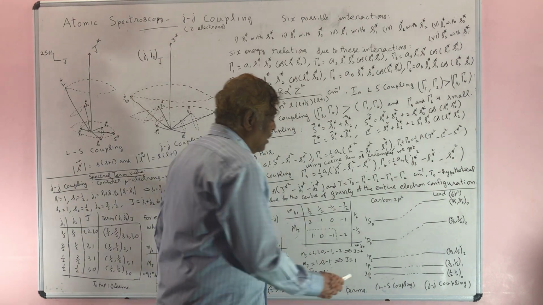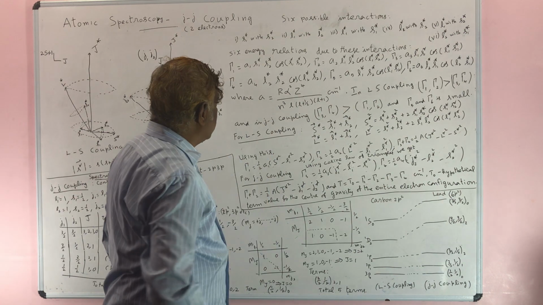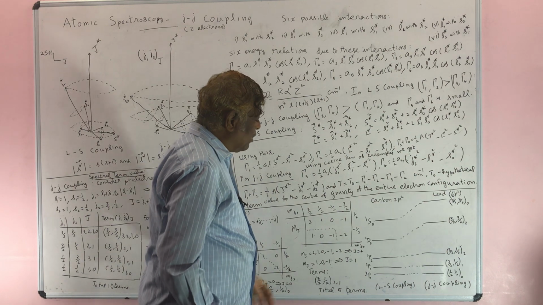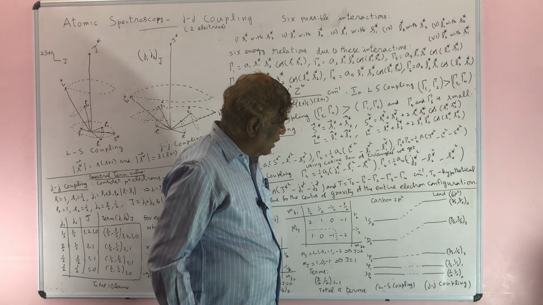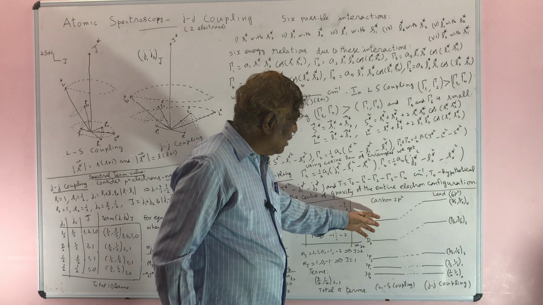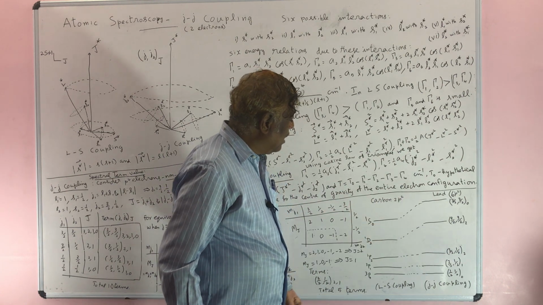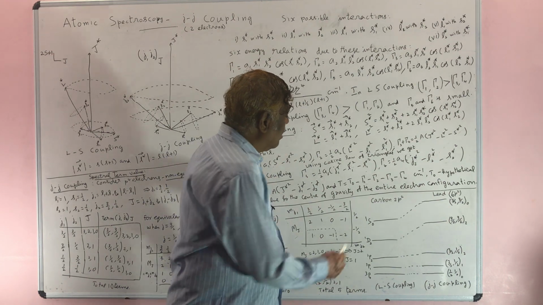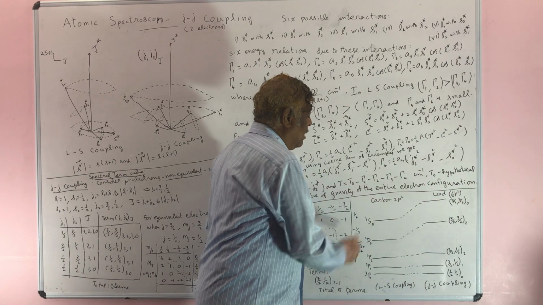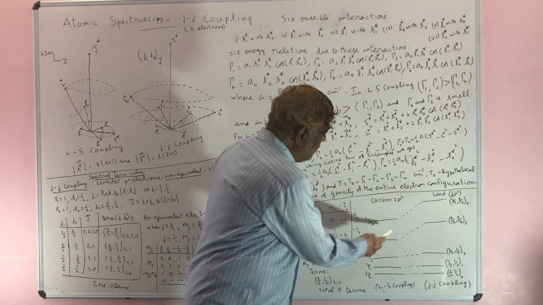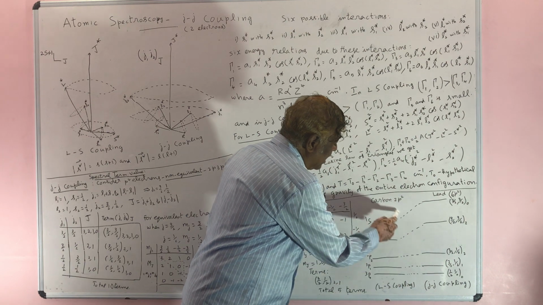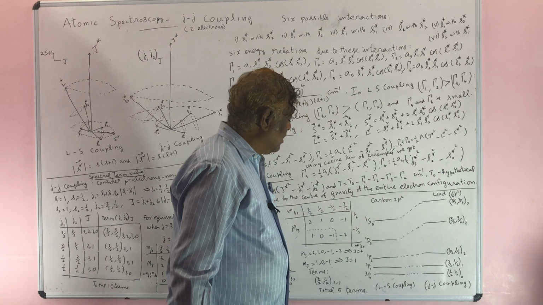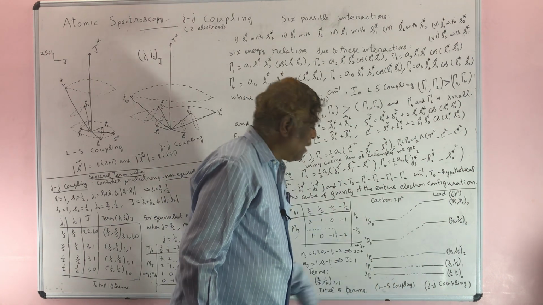Now the theoretical calculation is possible because we know gamma 1, gamma 2, gamma 3, and so on, and the spacing between the levels can be calculated theoretically. Experimentally you can also measure the spacing between these levels. The experimental value and the theoretical value agree well for carbon at 2p2, so this satisfies the LS coupling scheme.